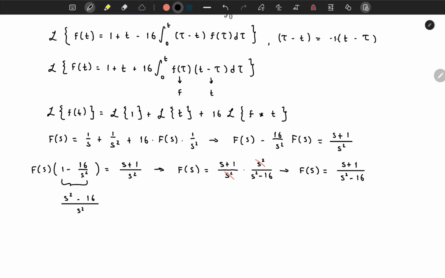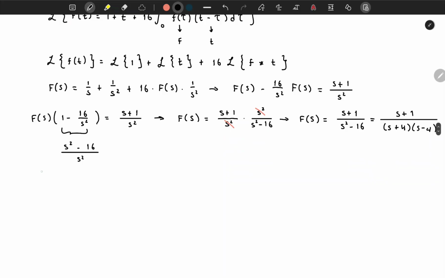And we know that s squared minus 16 can be rewritten as a difference of squares, and it would just be s plus 4 times s minus 4. And this is our F(s).